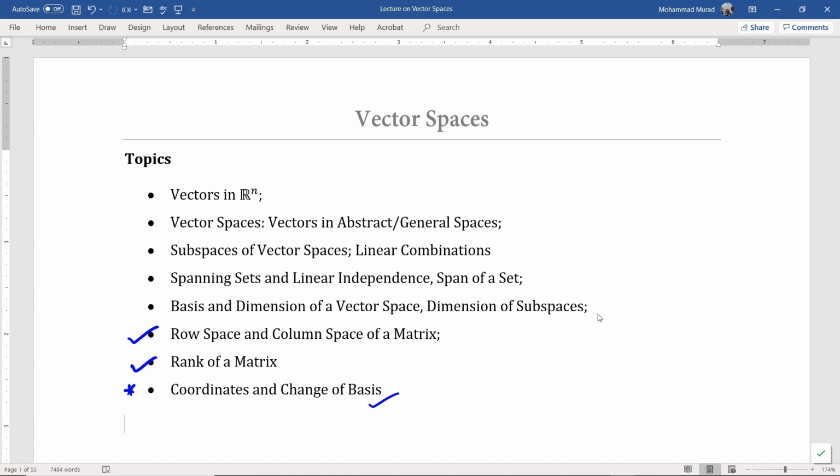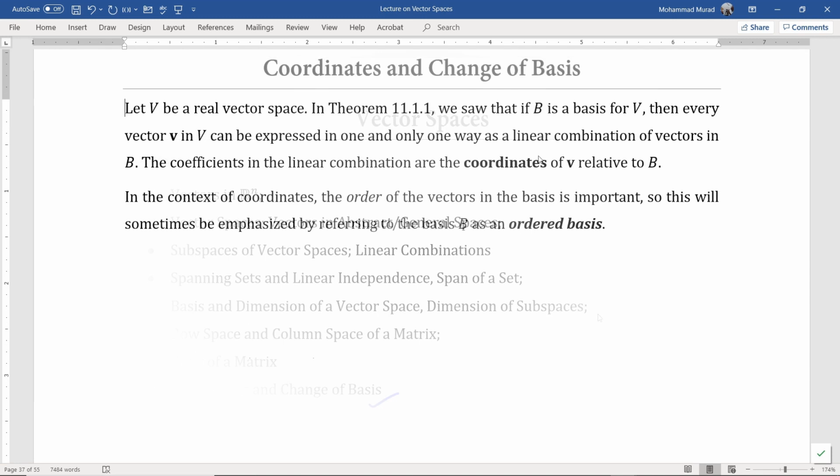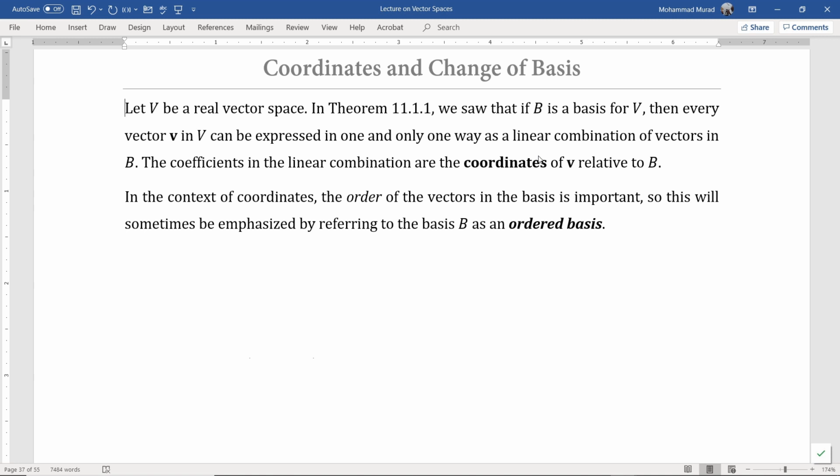Let's begin our discussion with the notion of coordinates. Let V be a real vector space.